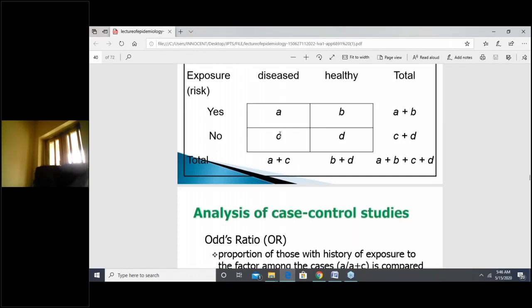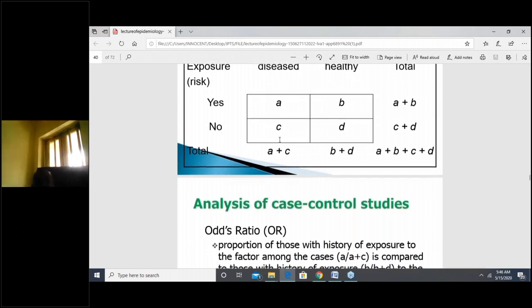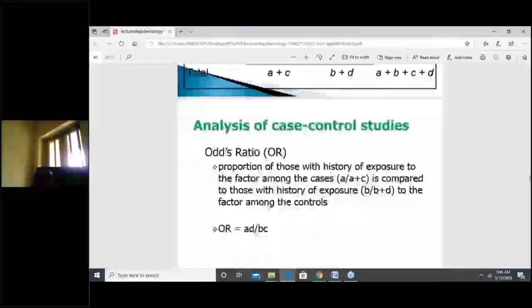We are looking at this total population now. A, these people have exposure risk. C is still within the same community, but there was no exposure risk. So odds ratio means we say A, with exposure risk, over A plus C, which means those with exposure risk and those with no exposure risk. So that's how to calculate odds ratio.